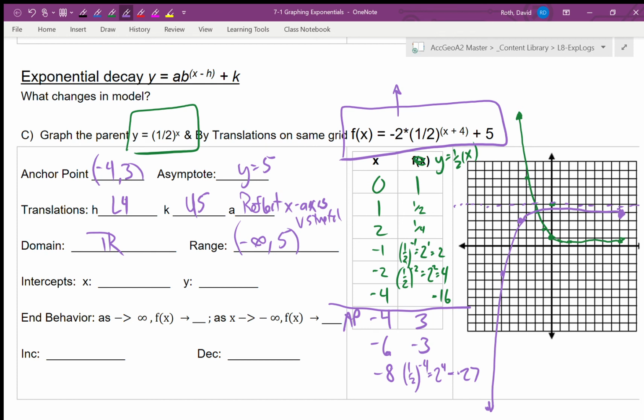And do we have a way to get that? Well, gee, let's see. I want to solve this for when 0 is equal to negative 2 times 1/2 to the x plus 4, plus 5.